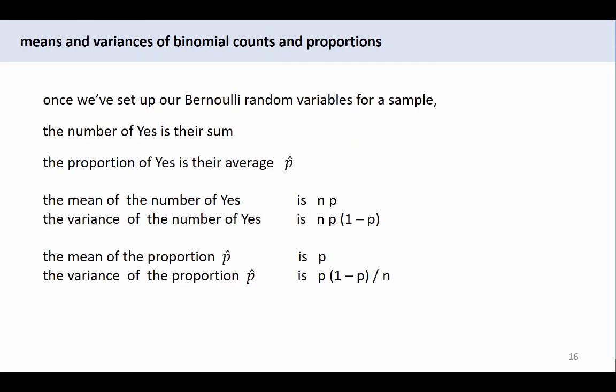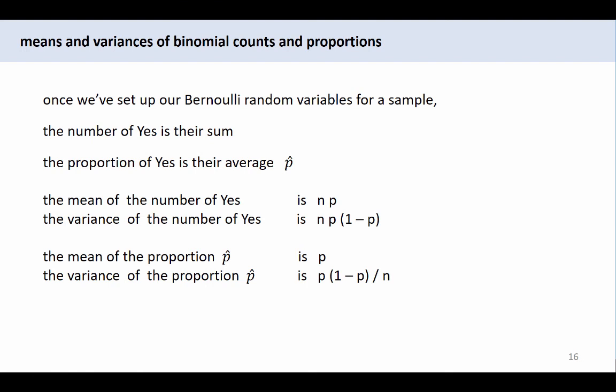And once we set up these Bernoullis, the number of yes is a sum, and the proportion of yes is an average. So the mean number of yes is going to be n times p. The variance of the number of yes is going to be n times p, 1 minus p. And we'll actually not just state those the way Baldi and Moore do, we'll show you the derivation.